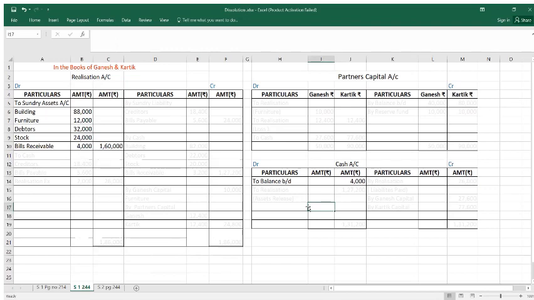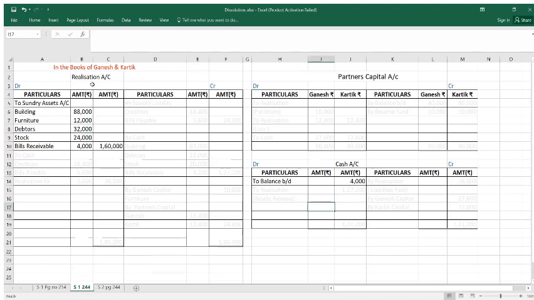Now we're going to transfer the liabilities of the balance sheet. So while transferring the liabilities, the journal entry will be: liabilities account debited to realization account.